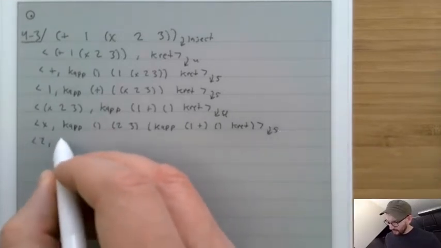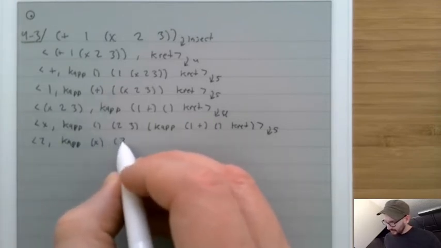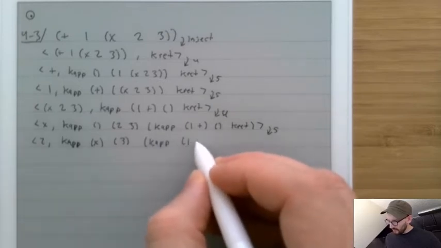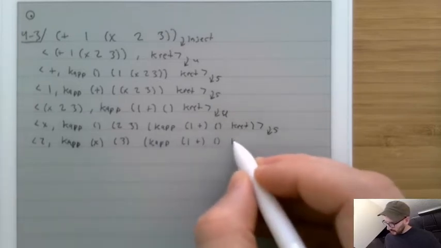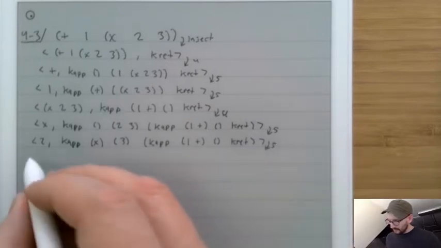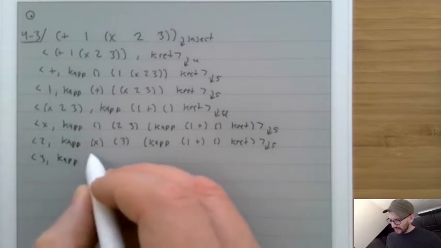So we have 2 k-app times 3. Now you may think to yourself, isn't it annoying that we have to go through each one of the constants? Well, there needs to be some part of our program that analyzes them and realizes that they're constants, and that's what this is doing. It's checking to make sure that everything is actually a constant.